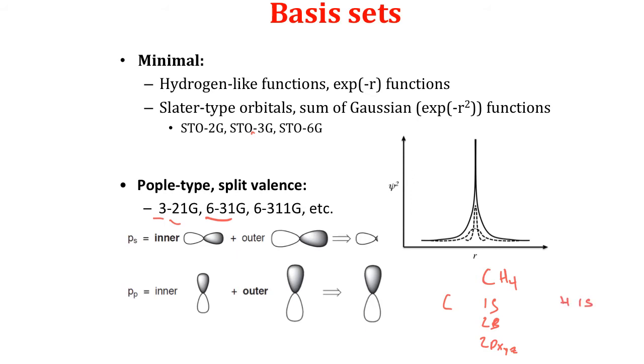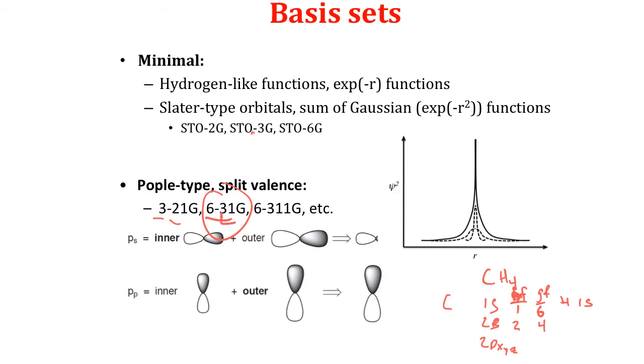And then for carbon, with the 6-31G basis set, I could track this separately in terms of the number of basis functions I need. So I need one basis function for the 1s orbital, and it needs to have 6 Gaussian functions to mimic that Slater-type orbital. And then the 2s is going to get, instead of one basis function, 2 basis functions that have the sum of the 3 and the 1 for the 4.